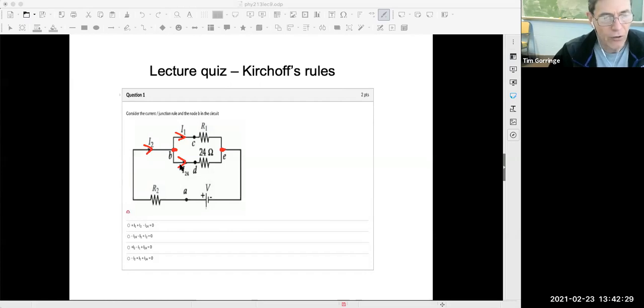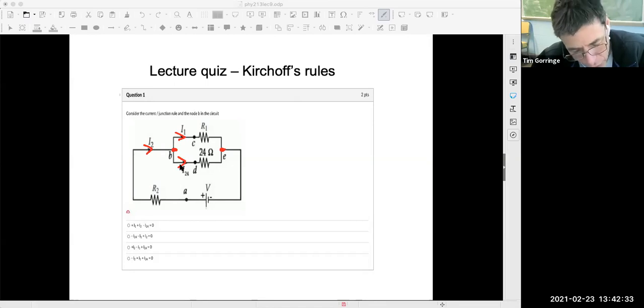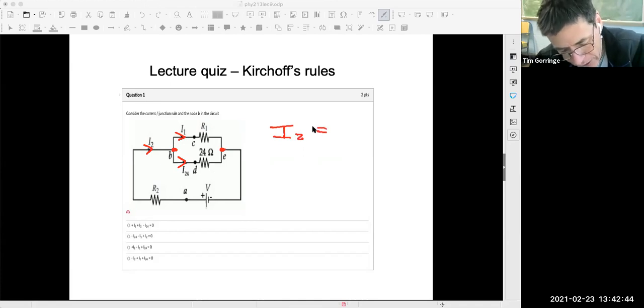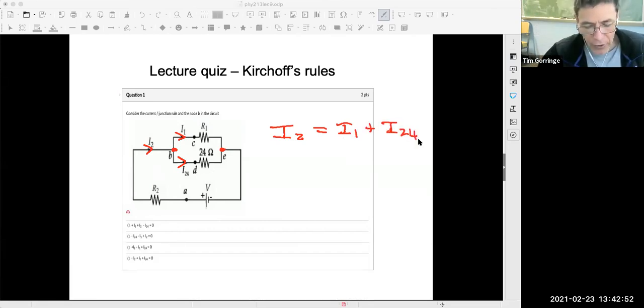So there's one current flowing in and two currents flowing out. And so one answer to this problem will be that the current flowing in, I2, equals the current I1 plus I24 that are flowing out. And so that's a correct answer to this problem.